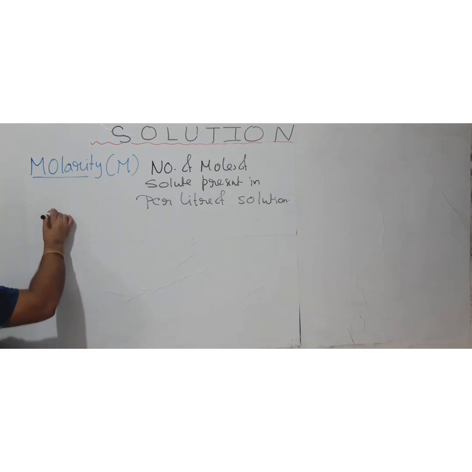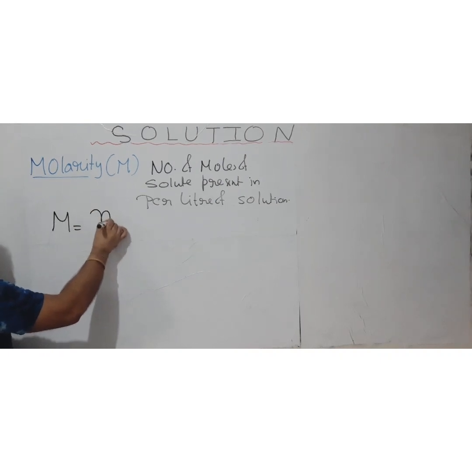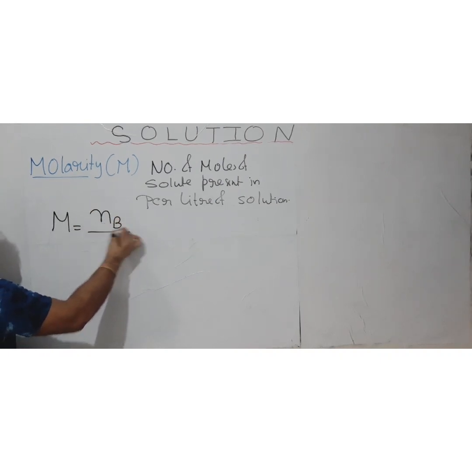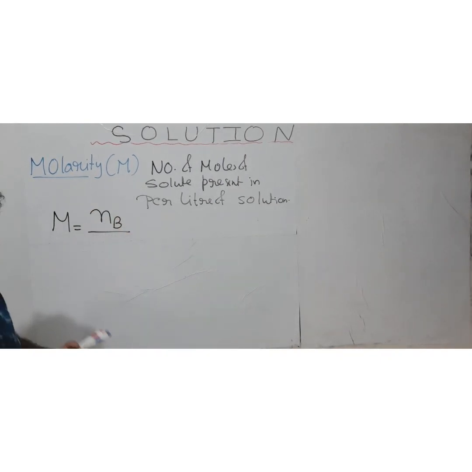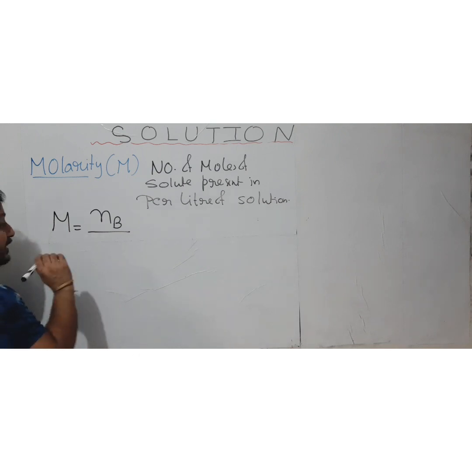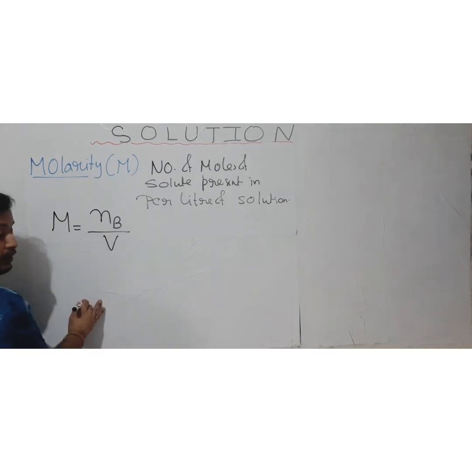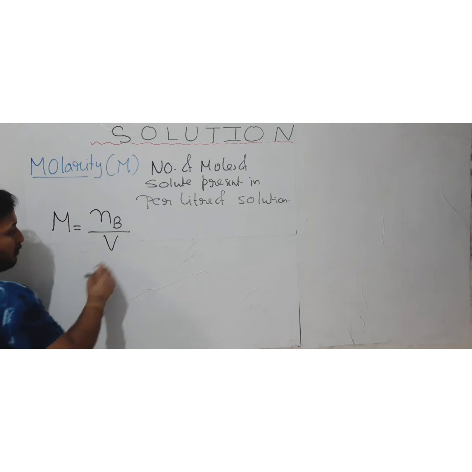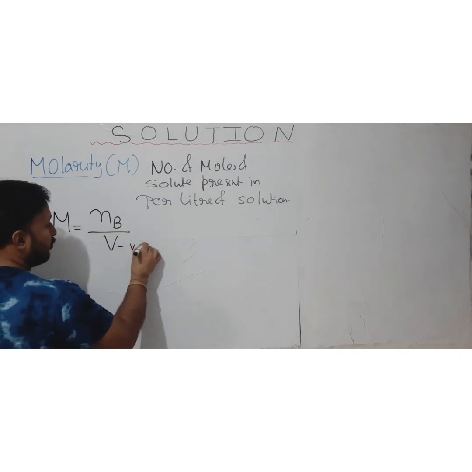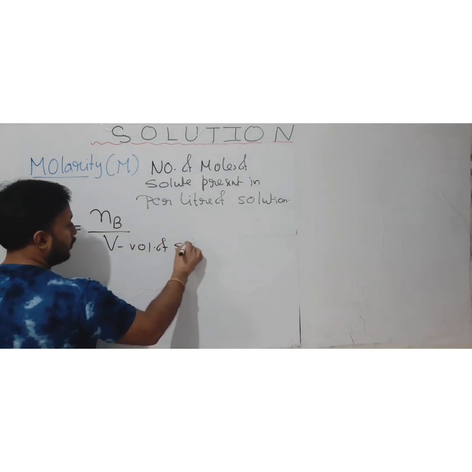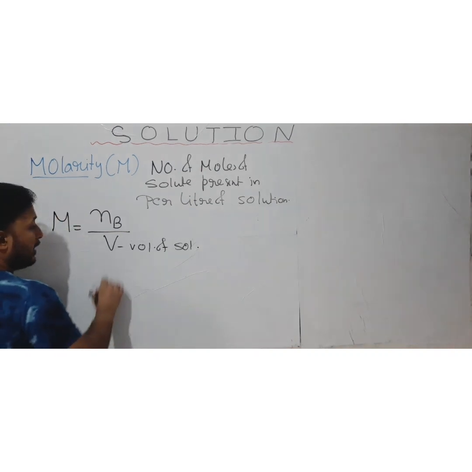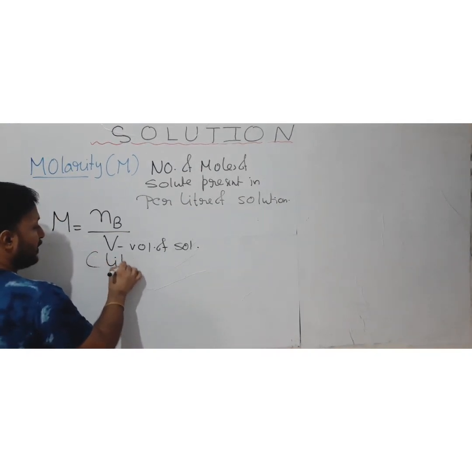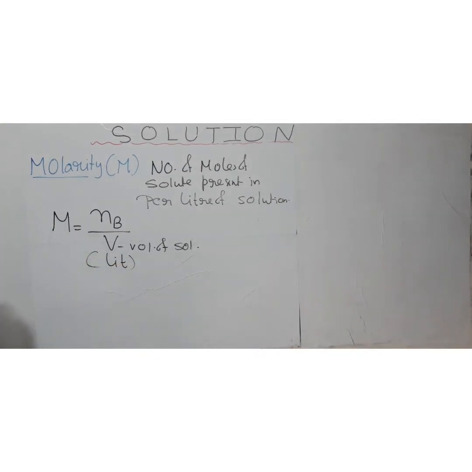Molarity means capital M. Number of moles of solute will be Nb, B means solute, present in per liter of solution means V, where V means the volume of solution, and this V should be in liter. So that is the molarity formula.